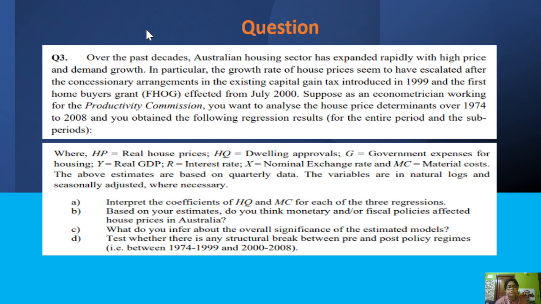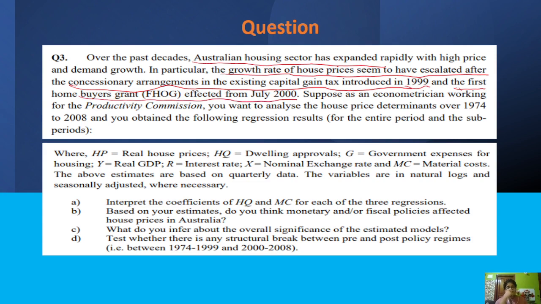The question is about a study in the housing sector in Australia, which has expanded rapidly with high price and demand growth. The growth rate of house prices seems to have escalated after the concessionary arrangements in the existing capital gain tax, which was introduced in 1999, and the first home buyers grant effected from July 2000.